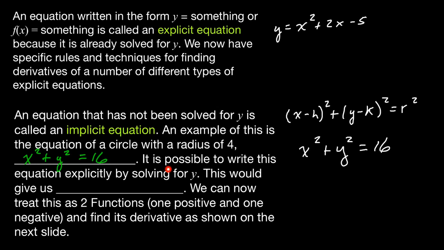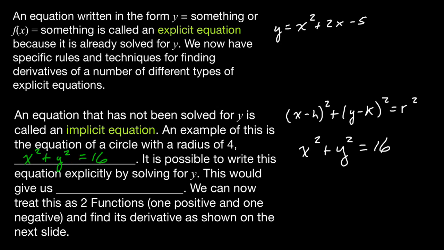Now, it is possible to write this particular equation explicitly by solving for y. What you would do is subtract x squared over to the other side, and then take the square root of both sides.